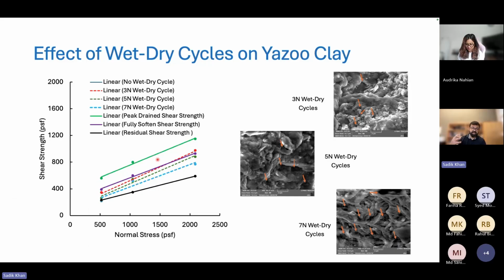But if the expansive soil gets exposed to different wet-dry cycles, the shear strength will keep dropping, and the lowest possible strength that we can get out of it is known as the residual strength. Residual strength is where the soil starts moving.